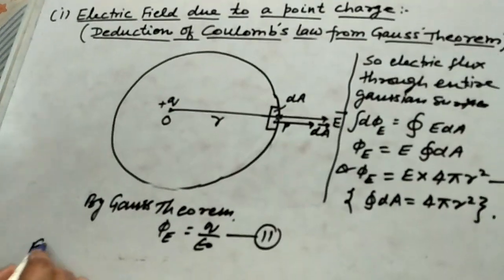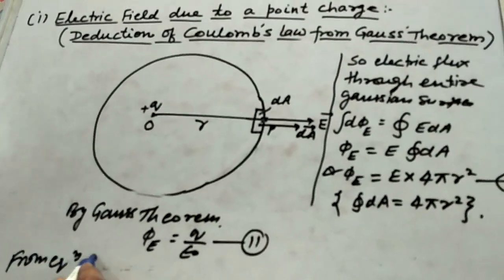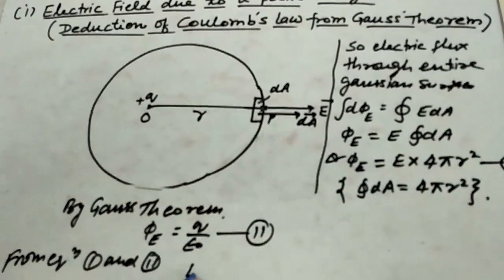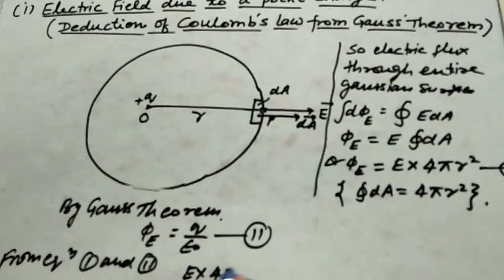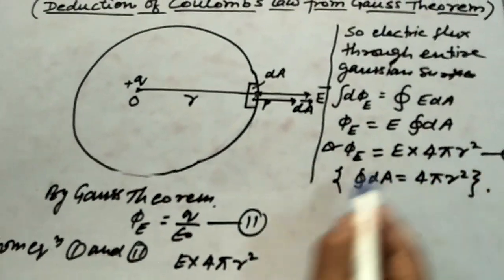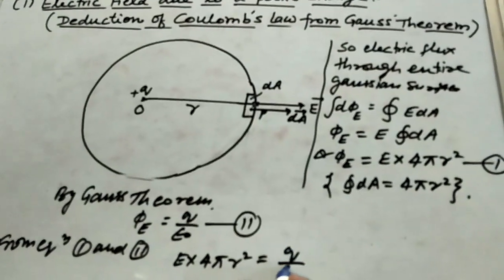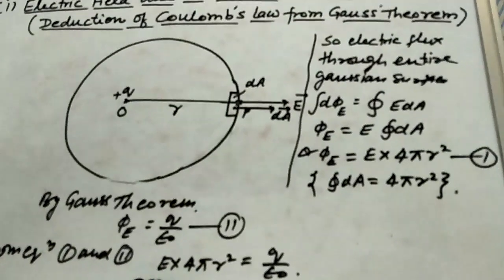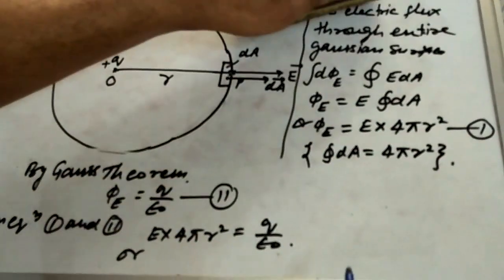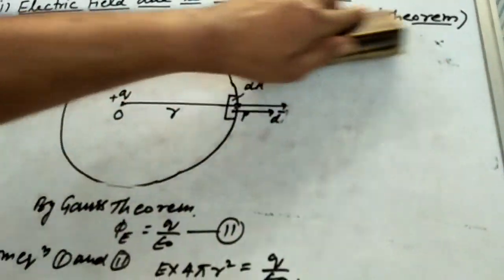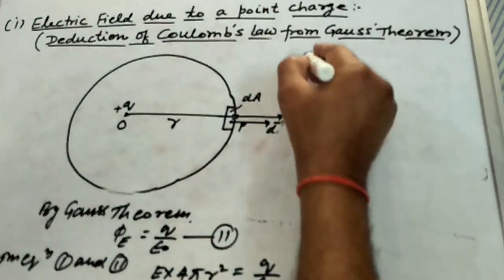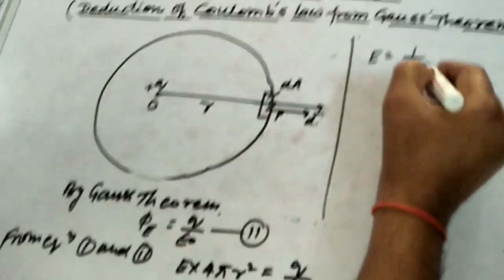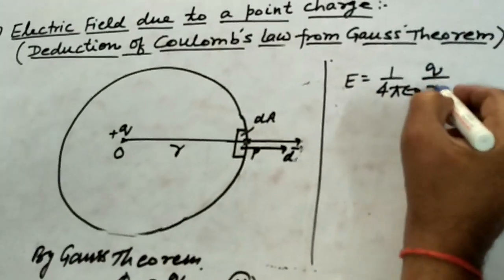So from equation 1 and 2, you can write here E into 4 pi r square should be equal to Q upon epsilon naught. Or E is equal to 1 upon 4 pi epsilon naught Q by r square.